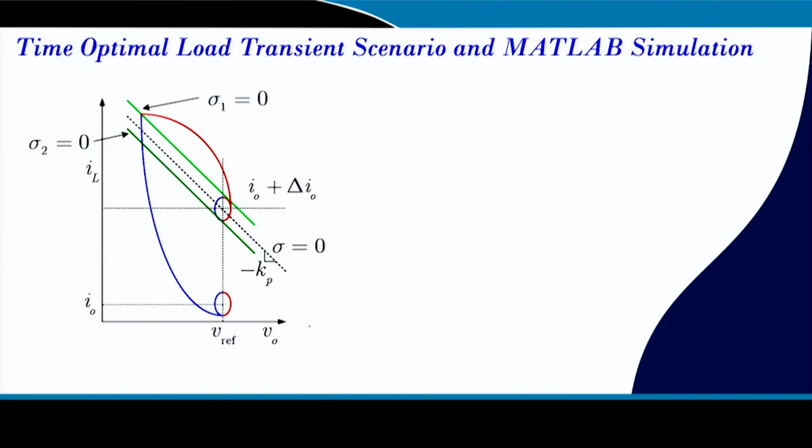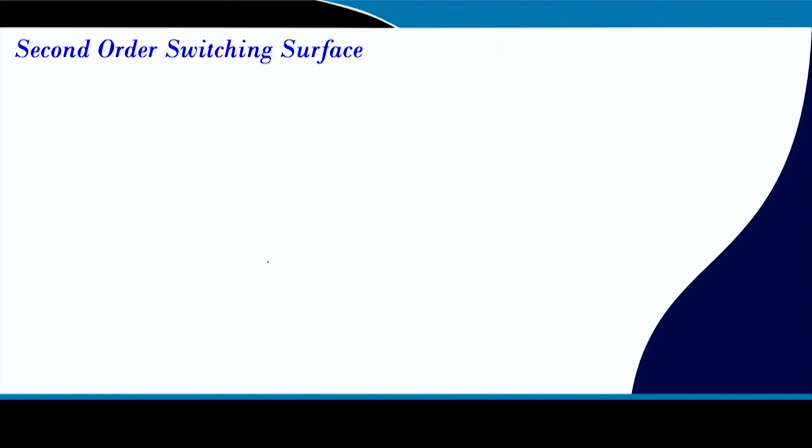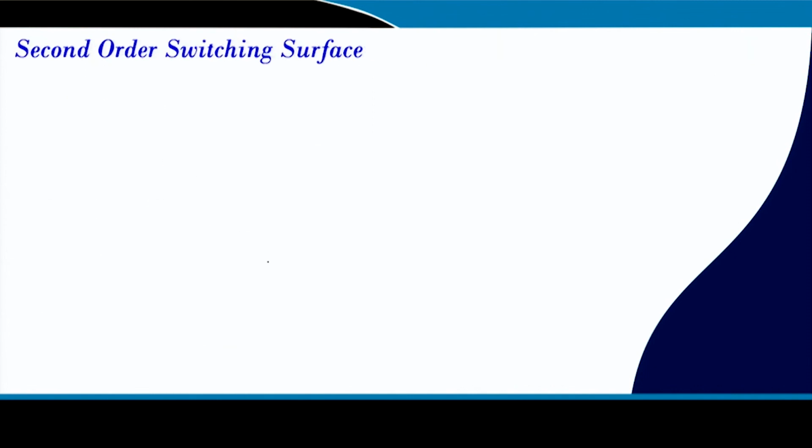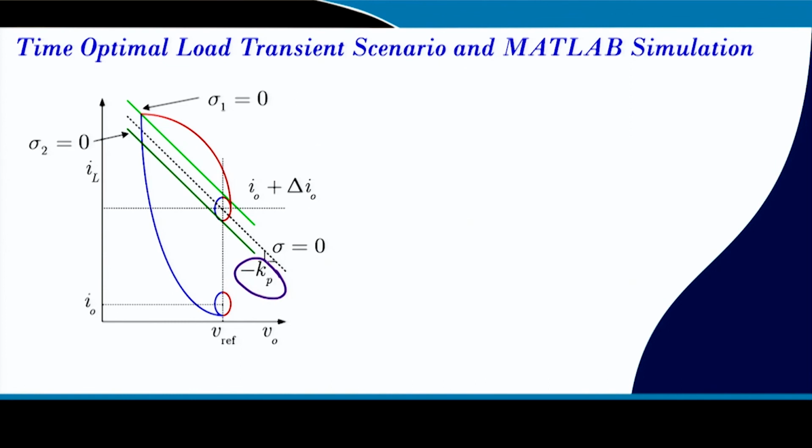So, in the optimal transient scenario and the MATLAB case study we have shown that, close to optimal, the choice of the proportional gain is very important. This plays a significant role in shaping the transient response. Now, second order switching surface, because here we have taken first order switching surface, but for first order switching surface we need to optimize Kp, otherwise you will end up with either under damped behavior or over damped behavior, or there can be high overshoot and undershoot.